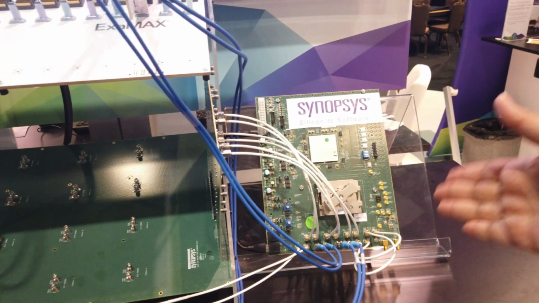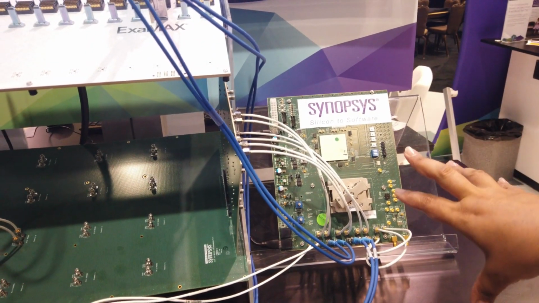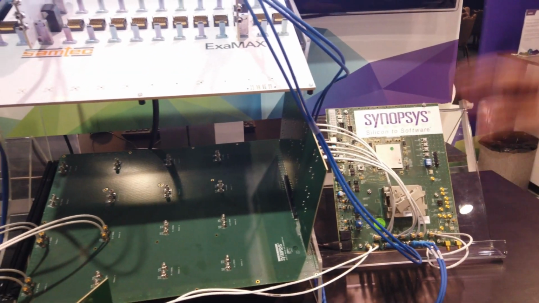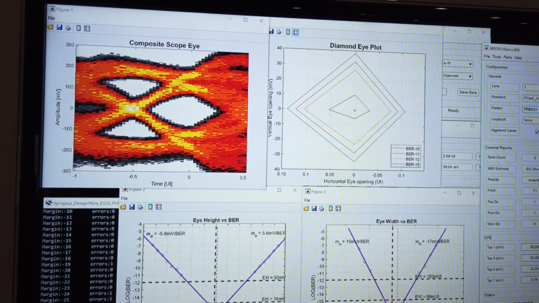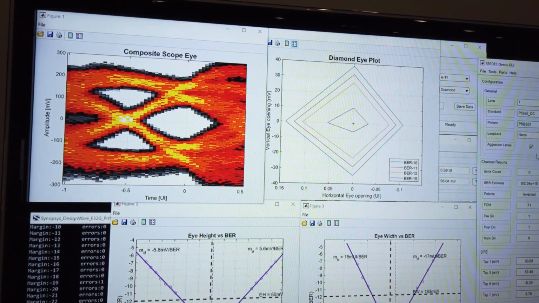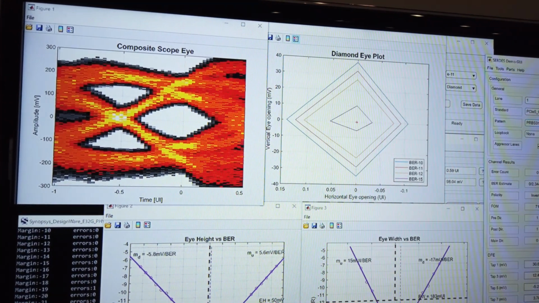And then we are able to capture the internal eye on the receiver side as is displayed on the monitor here. As you see, the eye is quite wide open, even with 36 dB insertion loss across this channel.